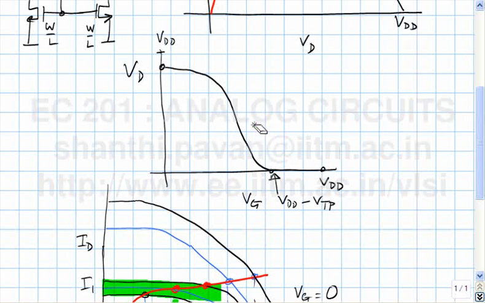And if the lambdas of the devices tend to 0, what can you comment? Can you make any comment on the slope of that region? It will become higher and higher, and eventually it will become infinity. Okay, so this is for non-zero lambda. If you had a 0 lambda, you will end up with something like this.